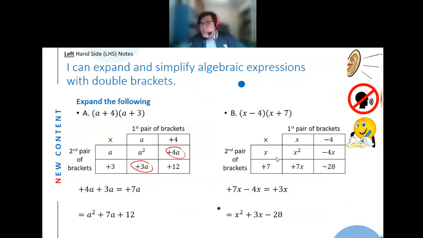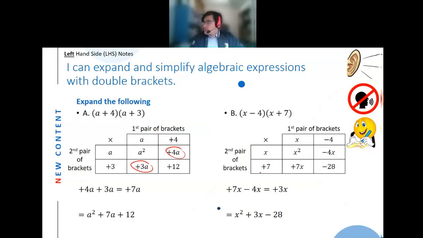All right, so x times x, well, that's x squared. Then you got x times negative 4, that's going to give us negative 4x, plus 7 times x, going to give us plus 7x, and then plus 7 times negative 4, positive and a negative, that's going to give you a negative. 7 times 4 is 28, so negative 28 is what we're getting.